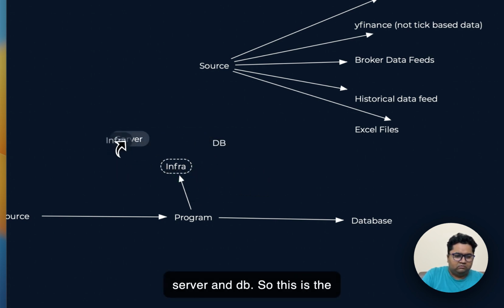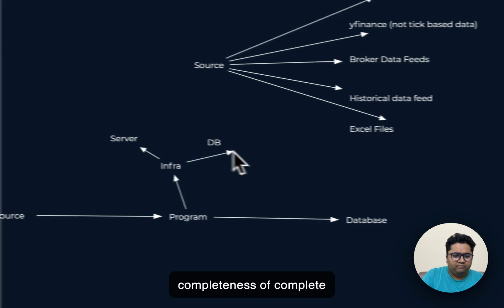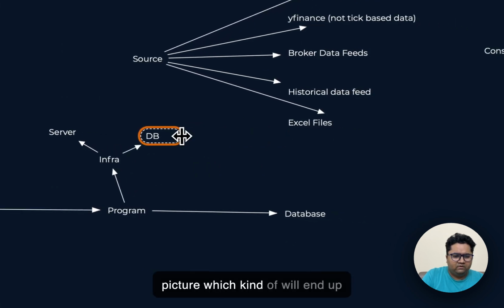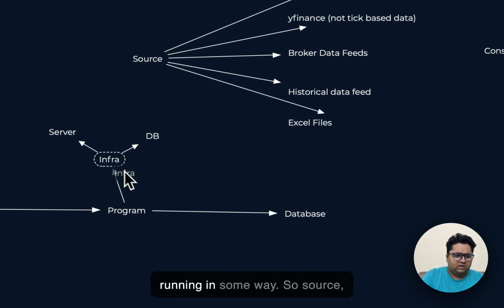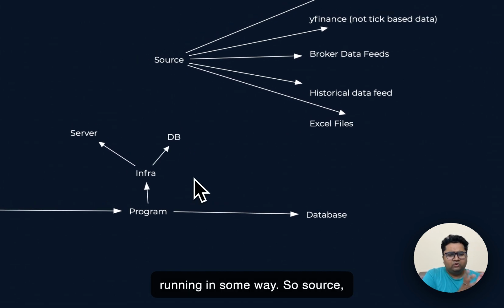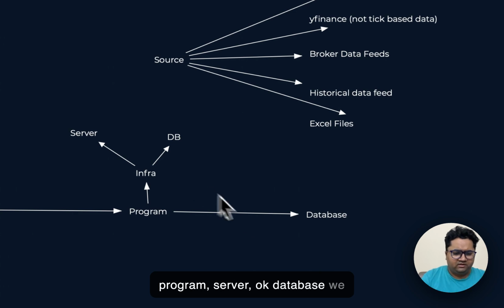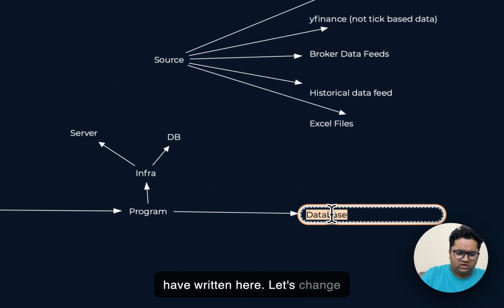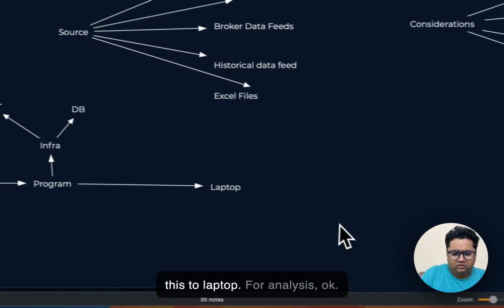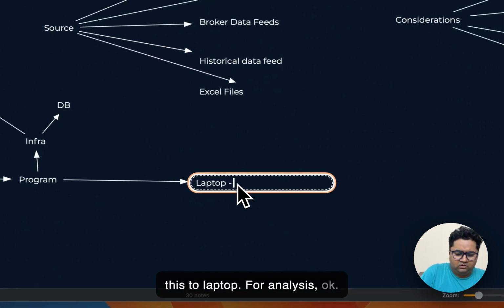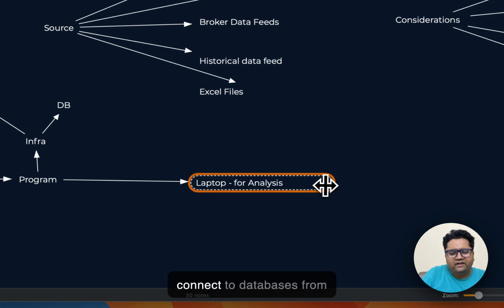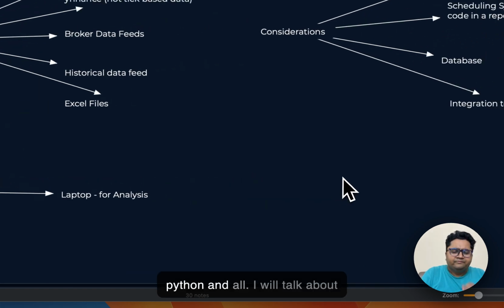So this is the complete picture, which will end up running in some way. So source, program, server, and I wrote database here. Let's change this to your laptop for analysis. Now for analysis, you can connect to databases from Python and all.